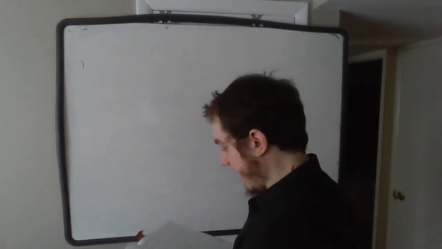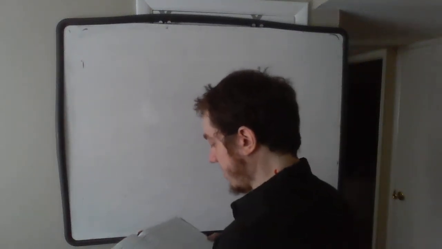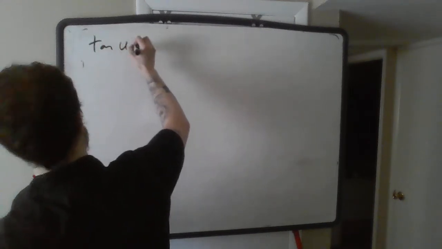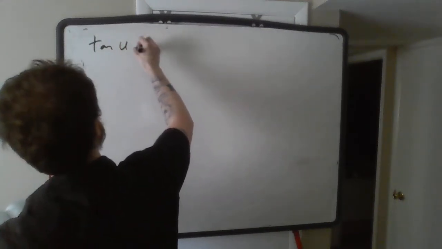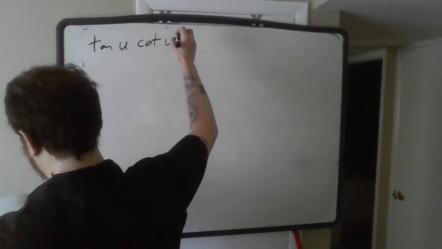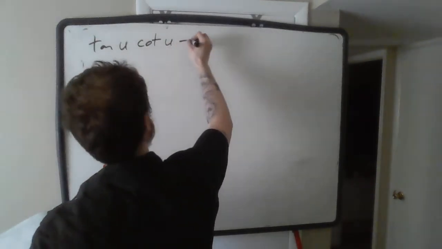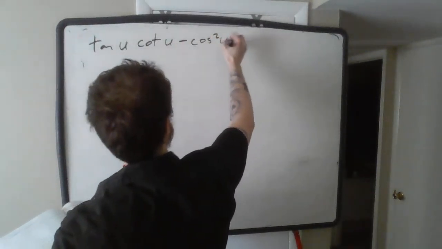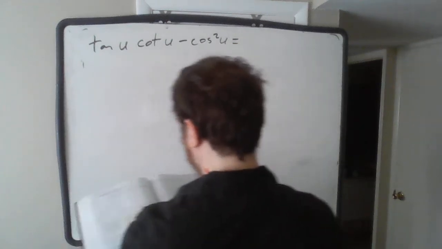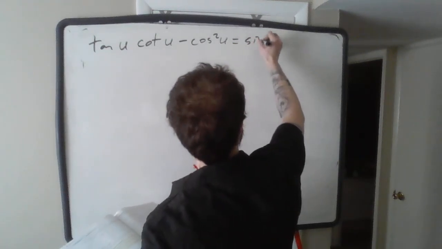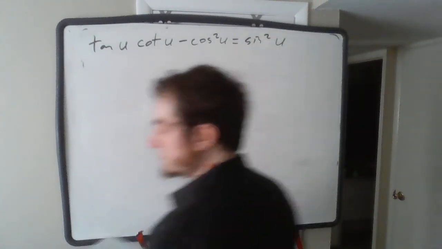All right, so let us take a look at some additional examples here. So let's suppose that I want to show that tangent of u times cotangent u minus cosine squared u is going to be equal to sine squared u.